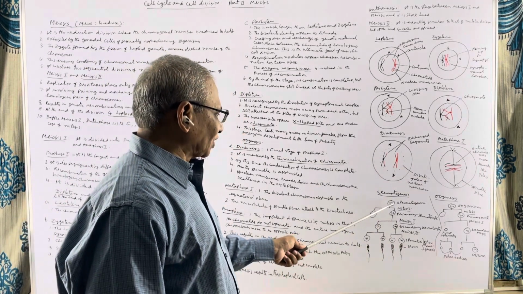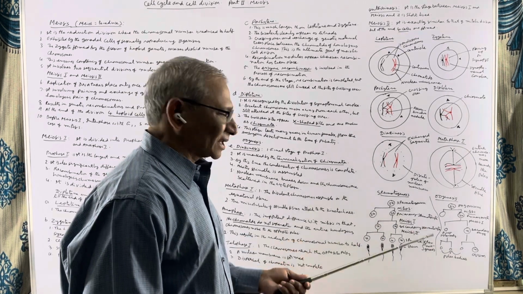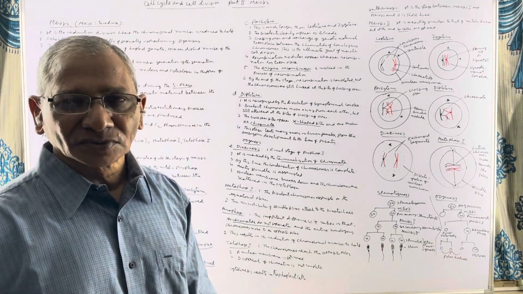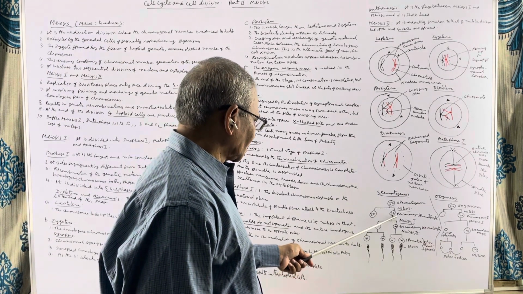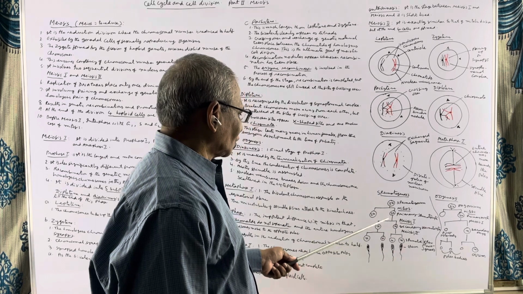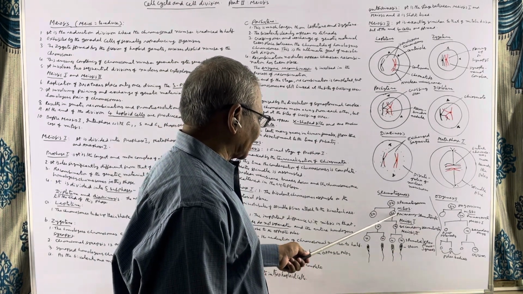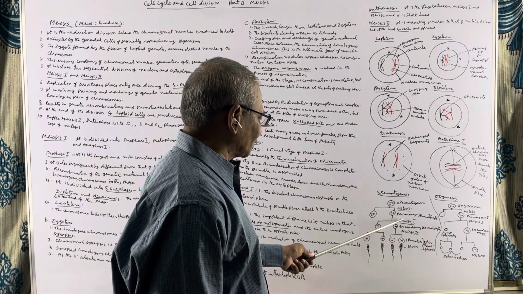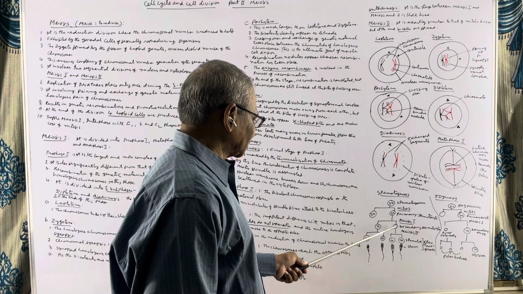The spermatogonia divide through mitosis and produce a large number of primary spermatocytes. The primary spermatocytes also have the diploid number of chromosomes. These primary spermatocytes undergo meiotic division 1 and produce secondary spermatocytes.